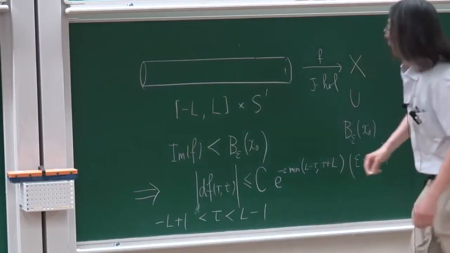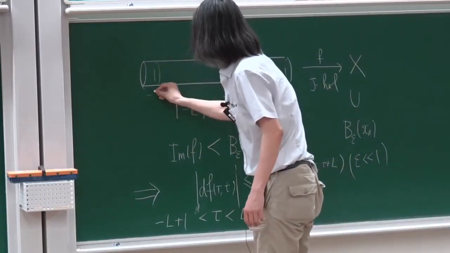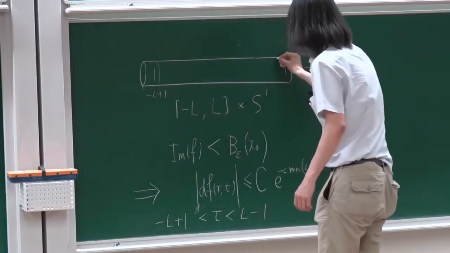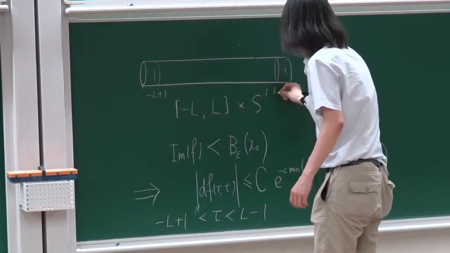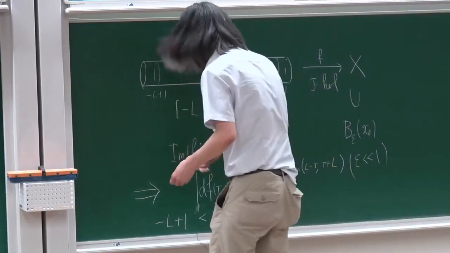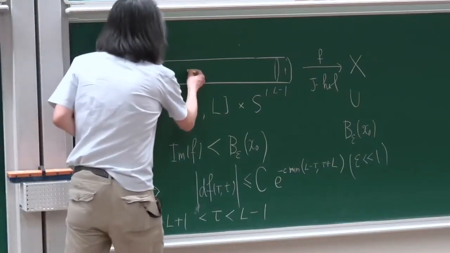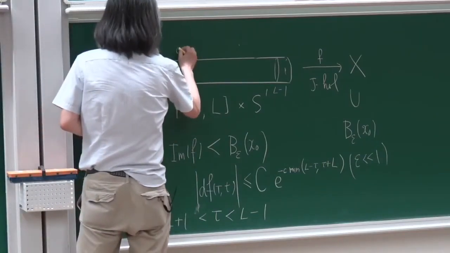Okay. So here I have minus L plus 1, and here it is L minus 1, and then I take some point here. So this is tau t.